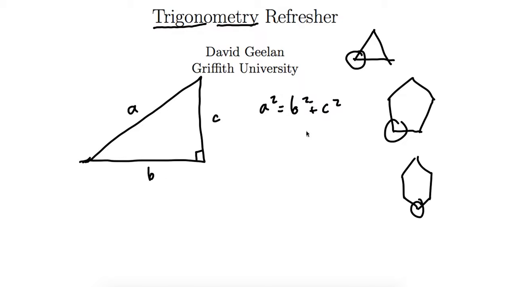Now that's not really trigonometry yet, but that only holds in right angle triangles, as do the first couple of things we'll talk about. But then we actually get beyond right angled triangles to things that will work for all triangles later on.